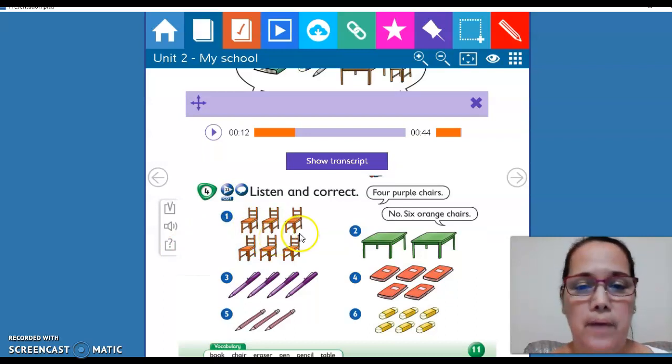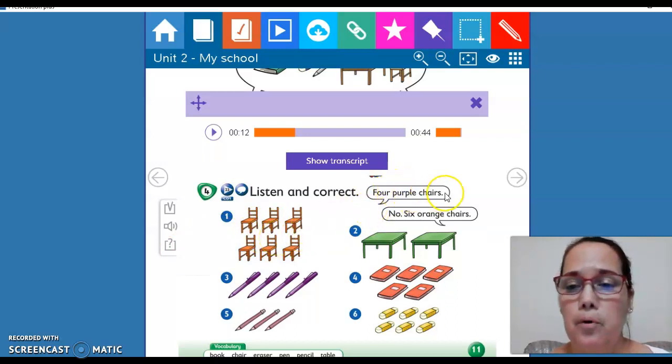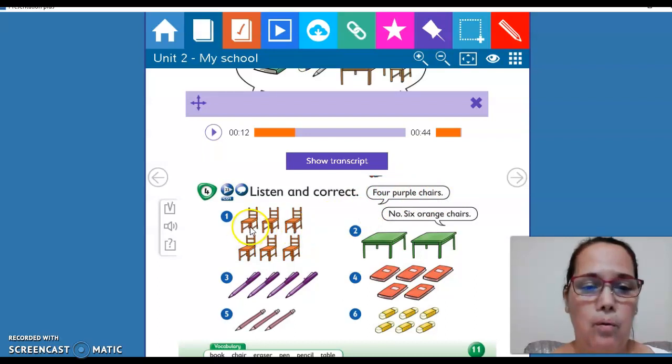No, it's not correct. 4 purple chairs? No. Let's count. 1, 2, 3, 4, 5, 6. 6 orange chairs. Good. That's the example. Let's continue with number 2.